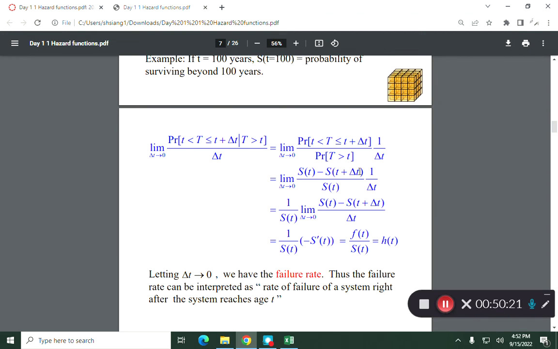People pay attention here. Why is this S(t) minus S(t plus delta t), not S(t)? What I'm saying is, in the numerator, why it's not reversed? Why it's not S(t plus delta t) minus S(t)? Can anybody tell me that?